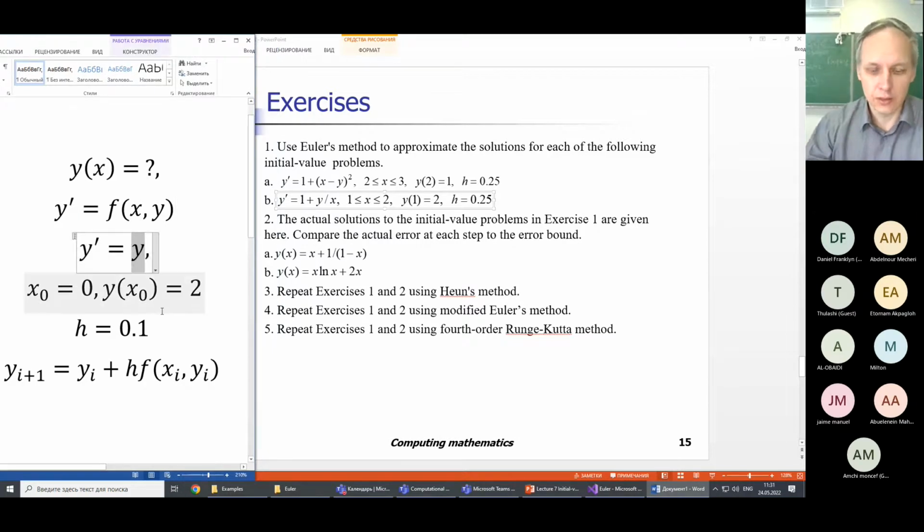Y plus y over x. What is x0? X0 is 1. What is y of x0? It is 2. What is h? 0.25.